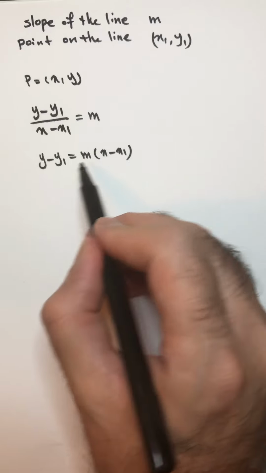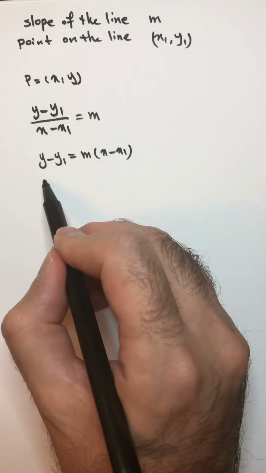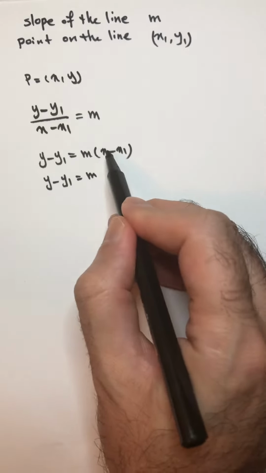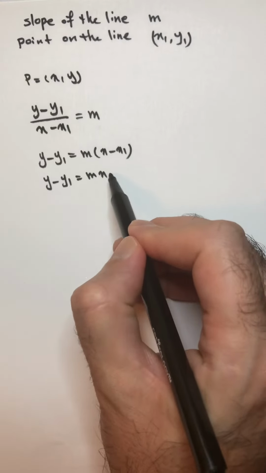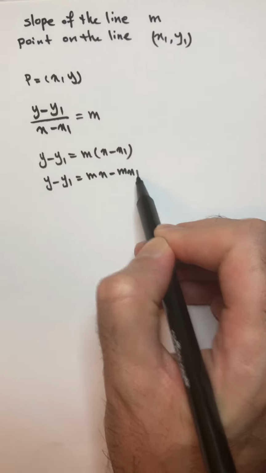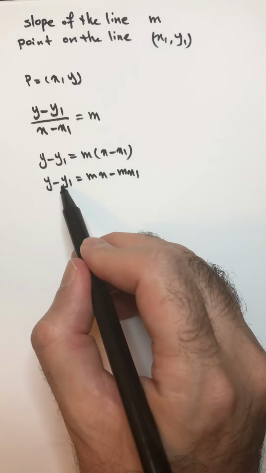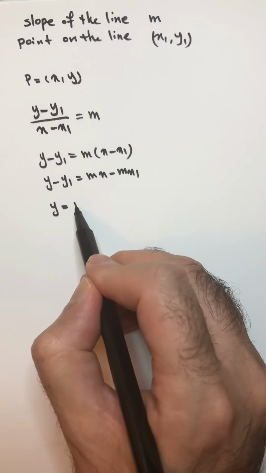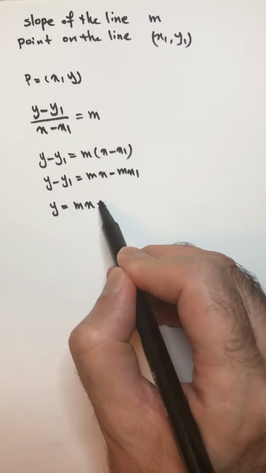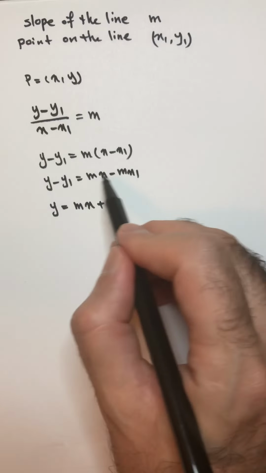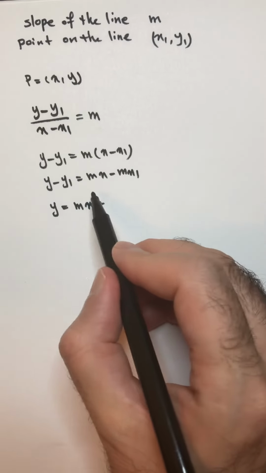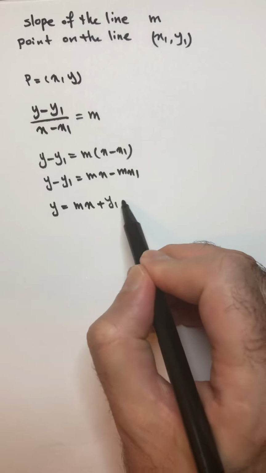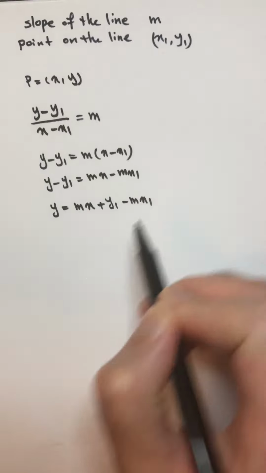Then we distribute m into these two terms, so we have y minus y1 equals mx minus mx1. Then we bring minus y1 to the right hand side, so we have y equals mx plus, when we bring it to the right hand side, its sign changes from negative to positive, minus mx1.